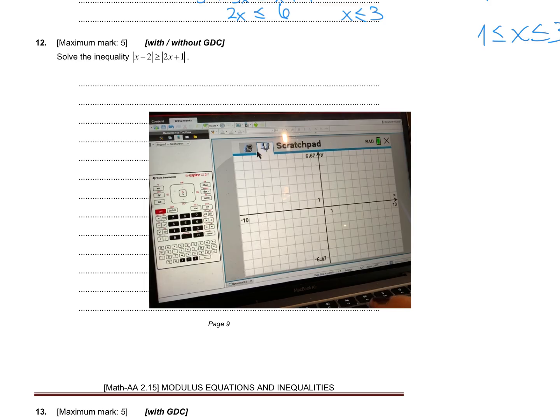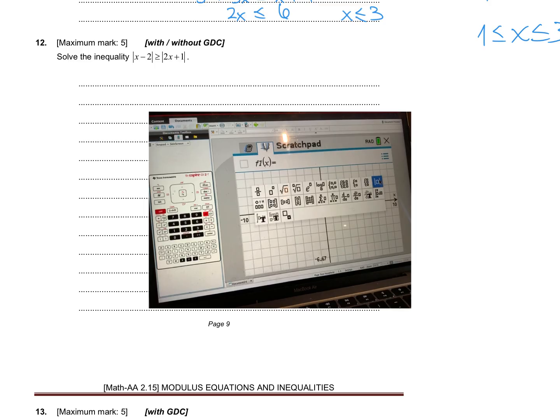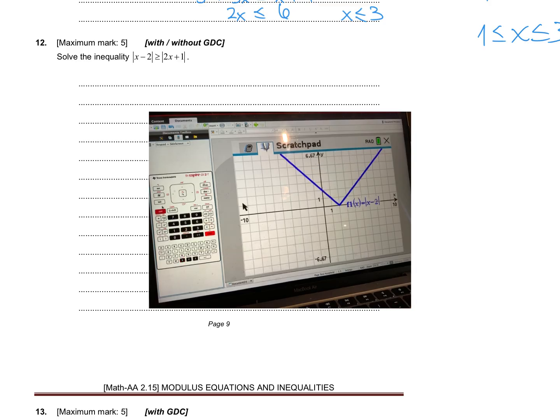Okay, so if we go tab, we can put in the first inequality, and you need to put in x minus 2. And then tab and same thing, and we need 2x plus 1.